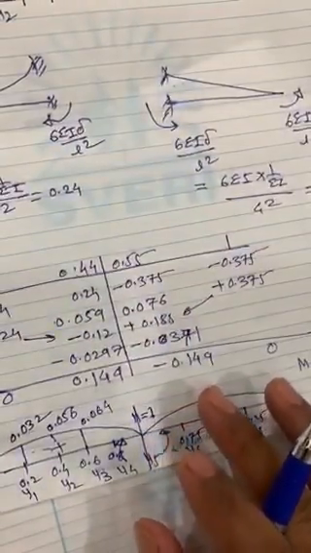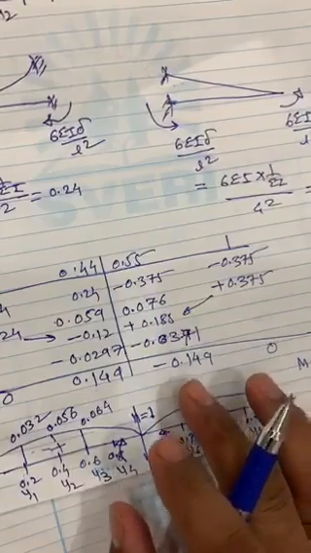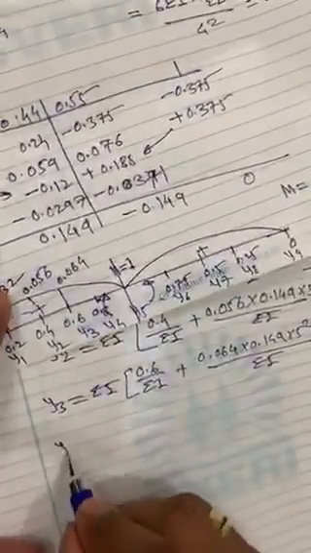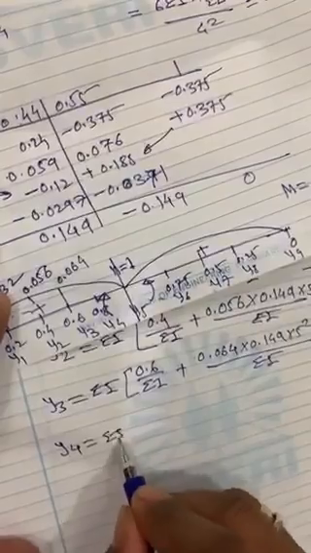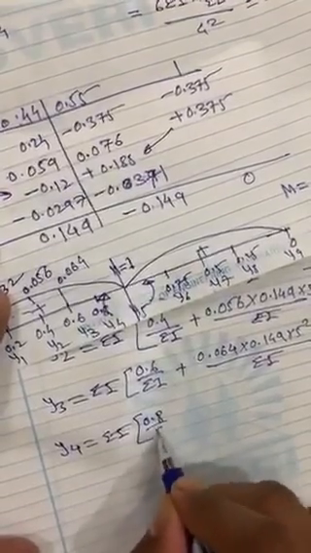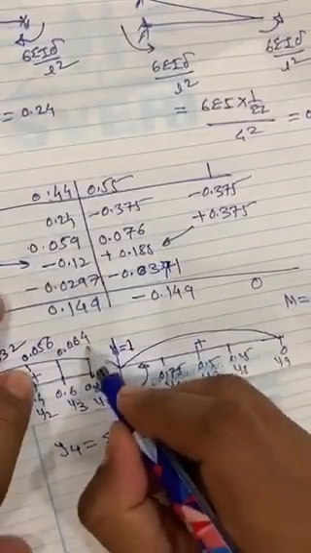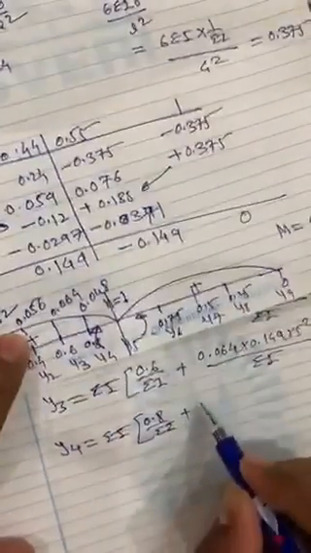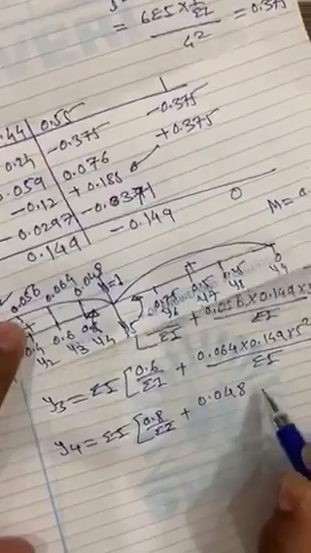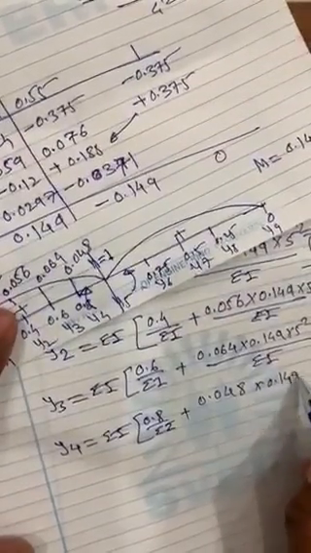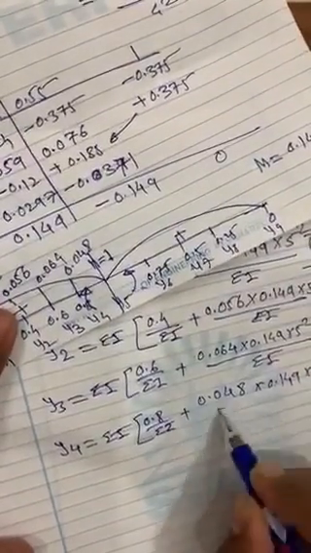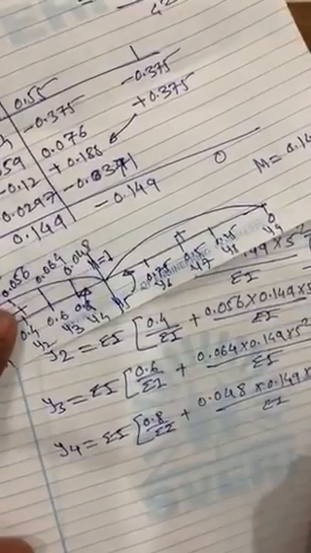Then if we go to y4, EI into 0.8 by EI plus the k value for 0.8 is 0.048, so 0.048 into 0.149 into 5 square divided by EI, this comes out to be 0.979.